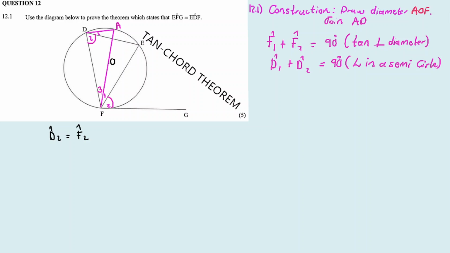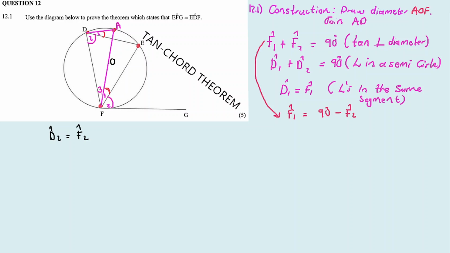So now we continue, and D1 is equal to F1. Why? It's because of angles in the same segment, F1 and D1, right? Now we have equations 1, 2 and 3. I take the first equation and make F1 the subject of the formula.